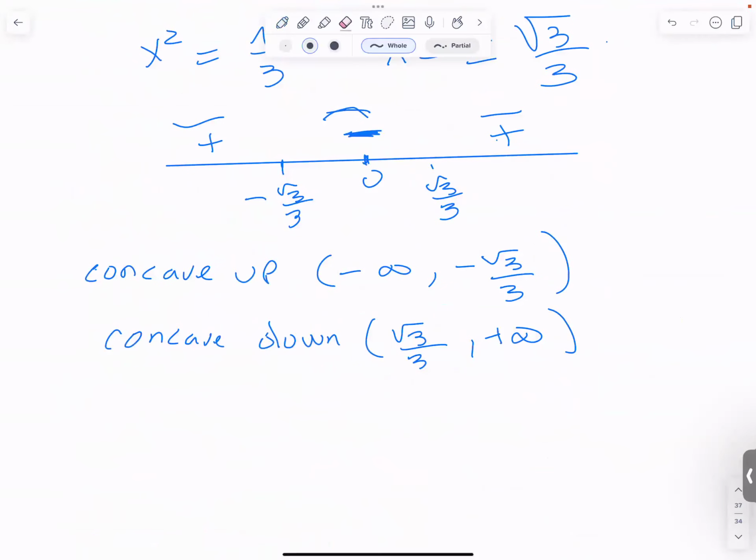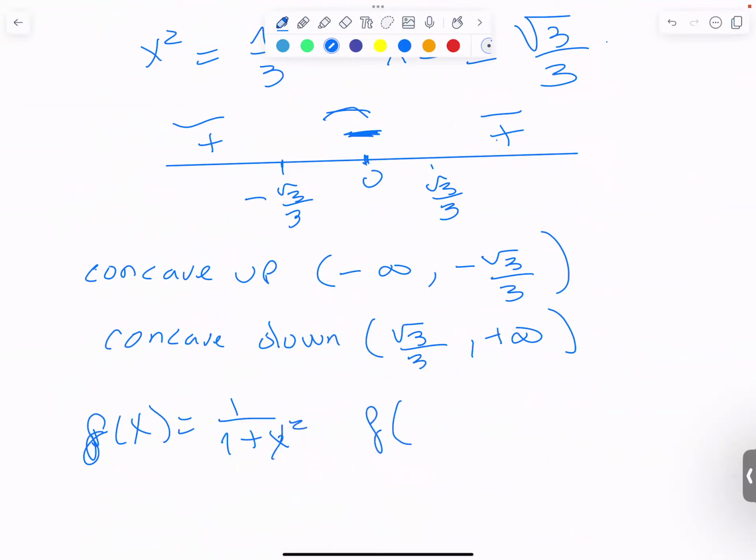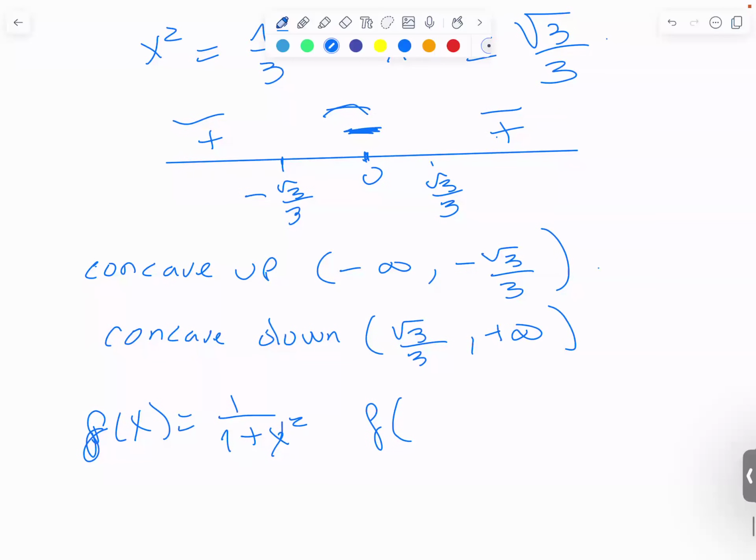Let's find the y-values of the inflection points. The function is f of x equals 1 over 1 plus x squared. If we evaluate it, it's symmetric about the y-axis, so plus or minus 1 over the square root of 3.